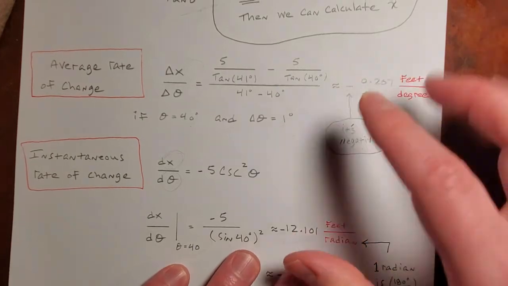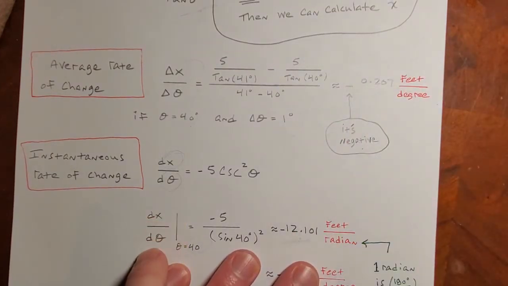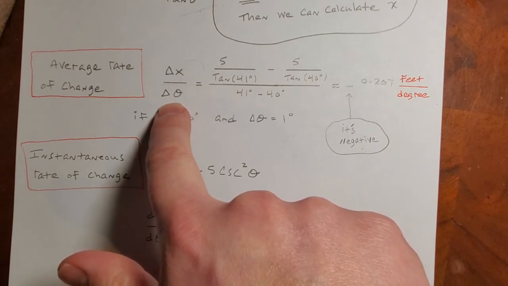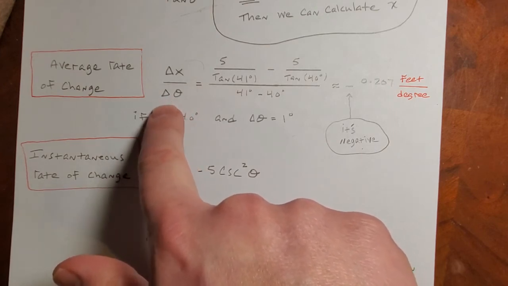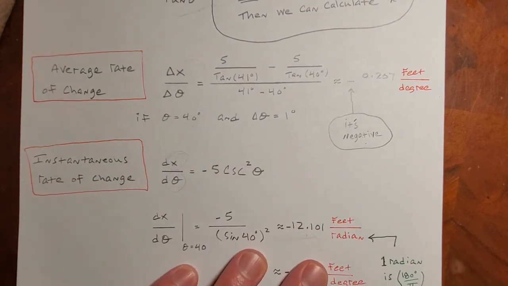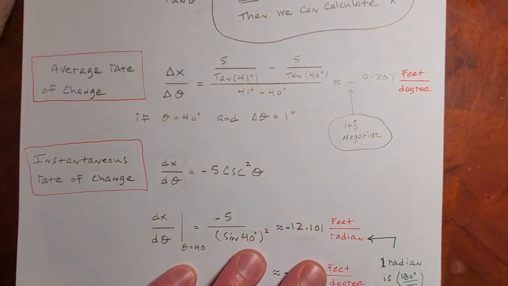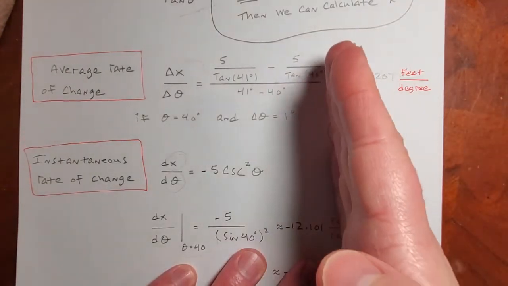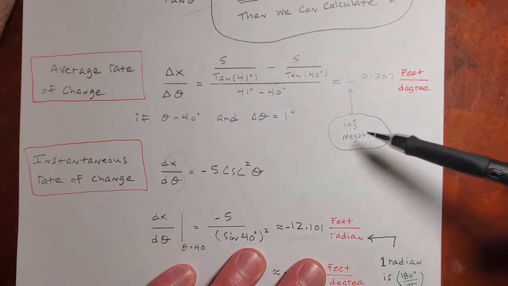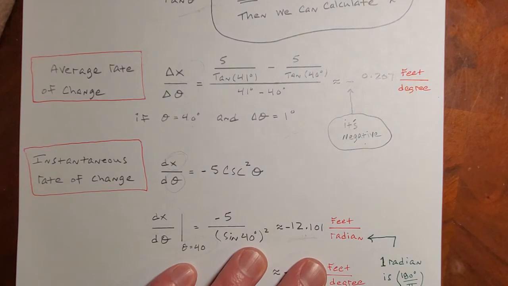Why? Well, because isn't the derivative supposed to be approximately equal to the average rate of change if that delta down there is small? I would say 1 degree is pretty small. What's small is anybody's opinion, but I would say 1 degree is fairly small. So I would expect these to be more equal to each other, right?